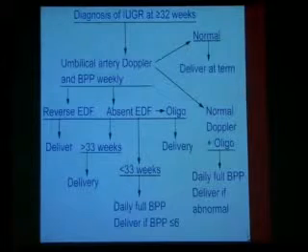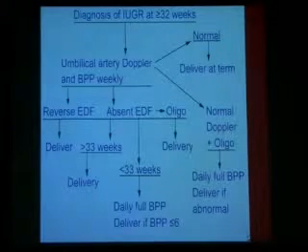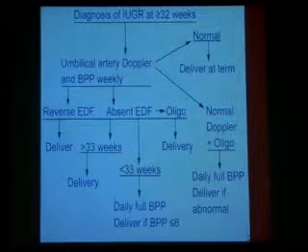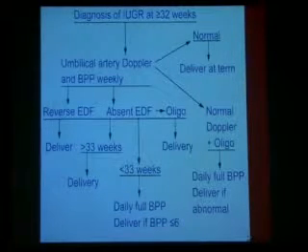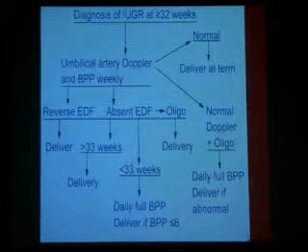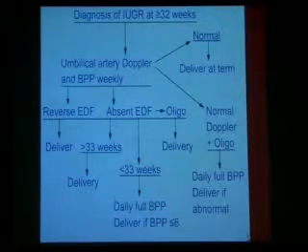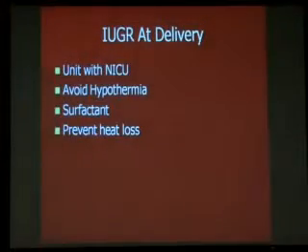If the umbilical artery Doppler shows reverse end diastolic flow, we deliver. Absent end diastolic flow, we observe very closely and also usually deliver. And with oligohydramnios, you always deliver early. With normal Doppler, you can continue and watch. With biophysicals and with abnormal Doppler, you need to watch them really closely.